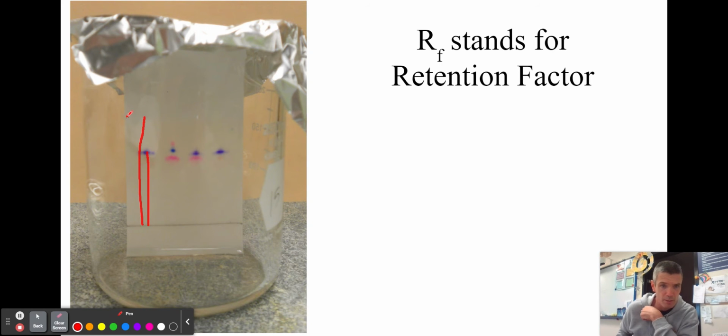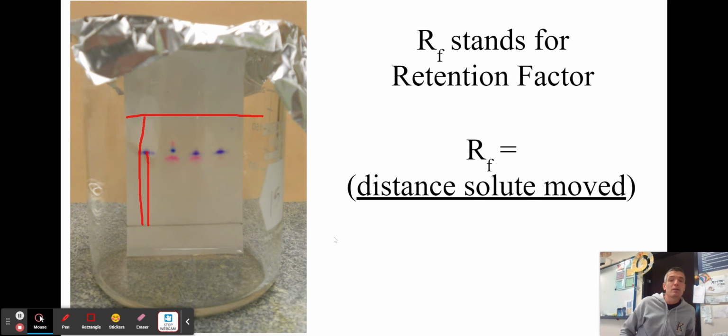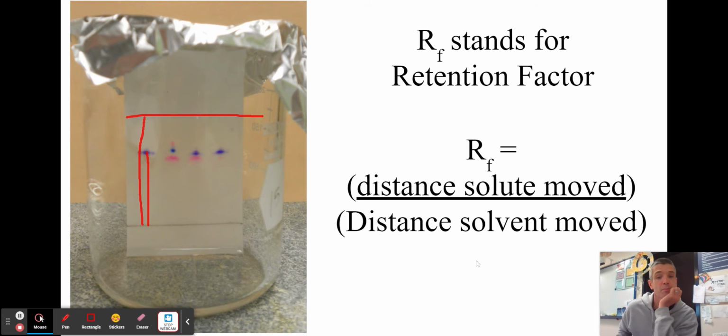We'll just say the solvent went to there. Those are the two things you need to measure because there is our formula for RF values: the distance the dye traveled divided by the distance of the solvent.